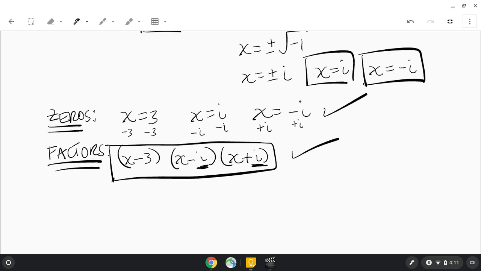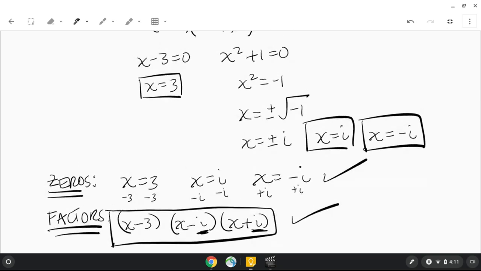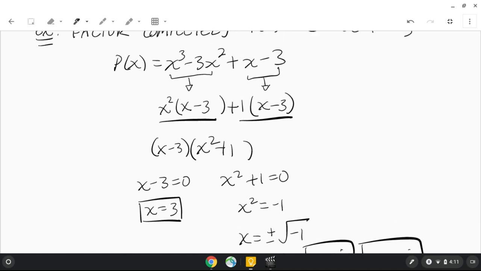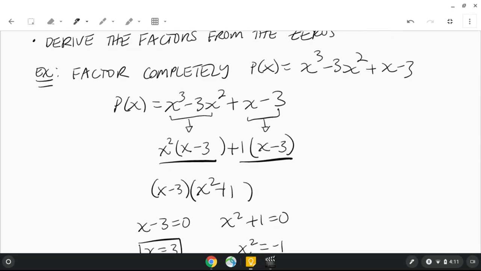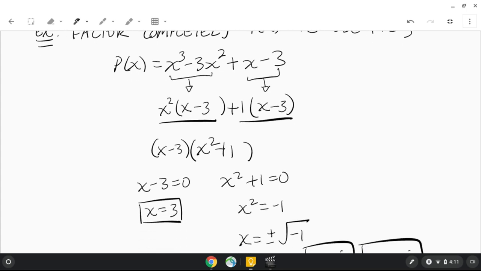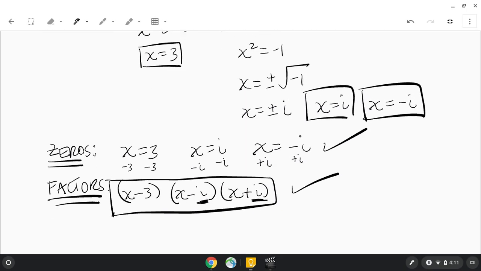Okay, so let's take a look at one. This one was nice because at least initially it was factorable, so not too challenging. Let's take a look at this example where it's not factorable and we have to do that longer process where we use synthetic division.